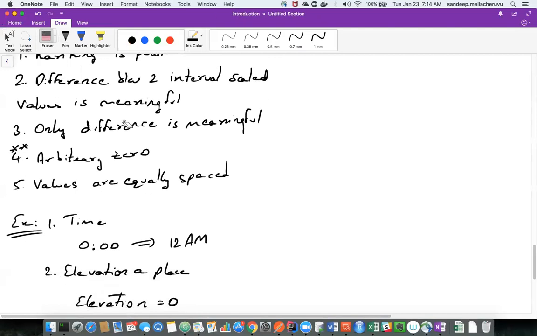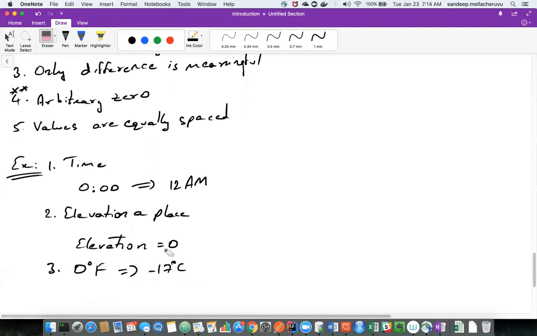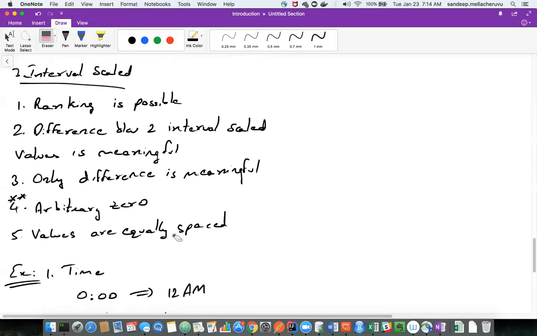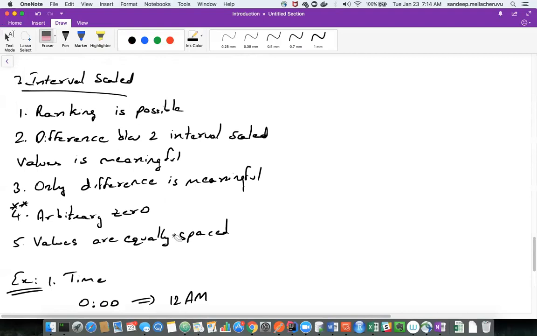Okay. And ranking is possible. Again, 0 elevation is lesser than 1 centimeter elevation, and 2 centimeter elevation is greater than 1 centimeter elevation. All those things are possible. Okay, and what else? I think I covered everything.